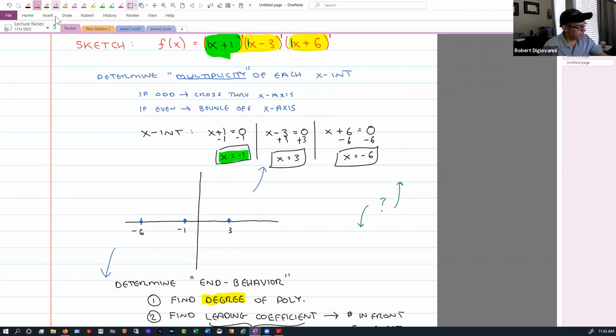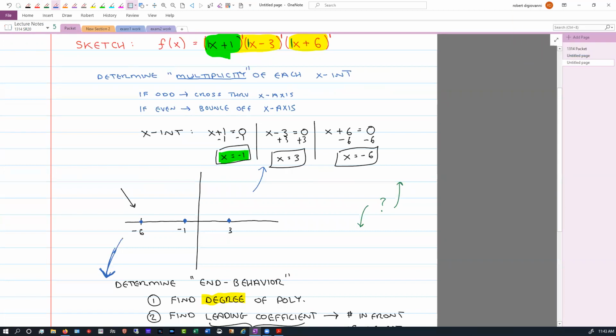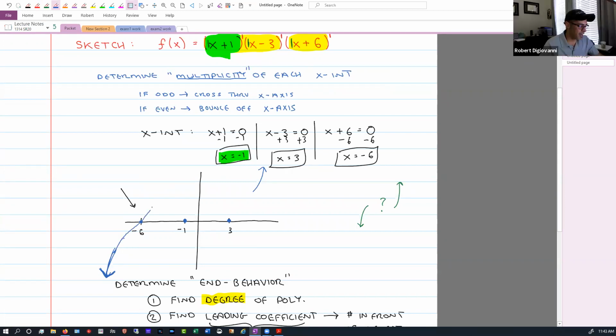Going back to my picture, remember I had my blue graph down here. I know the bottom left went down. Now, when I get to -6, what should I do? Cross it. So I'm going to cross through the x-axis instead of bouncing off.